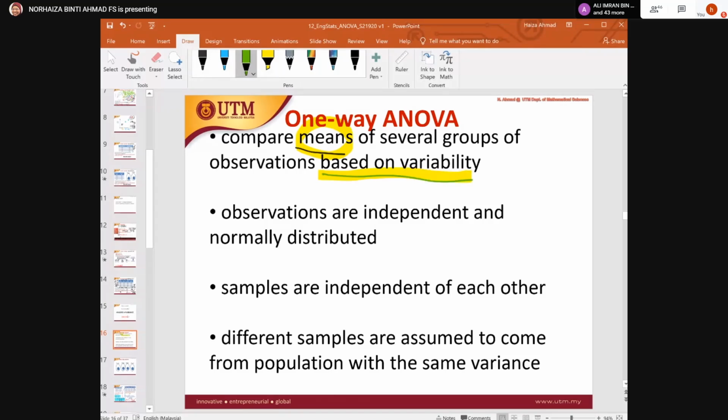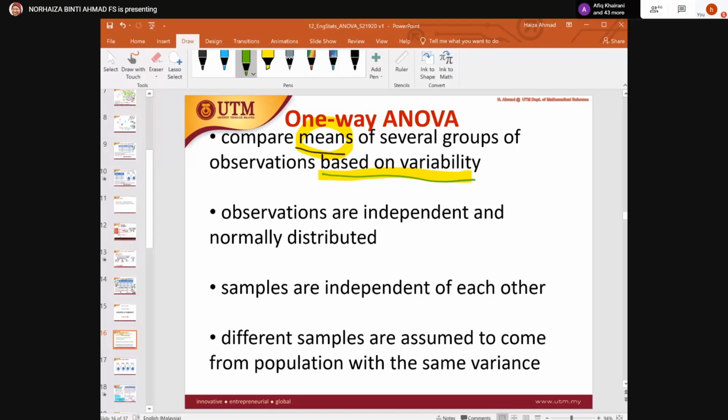When you do Anova, the parameter that you're going to test is the mean, but the way that you compare the means is using the variability.